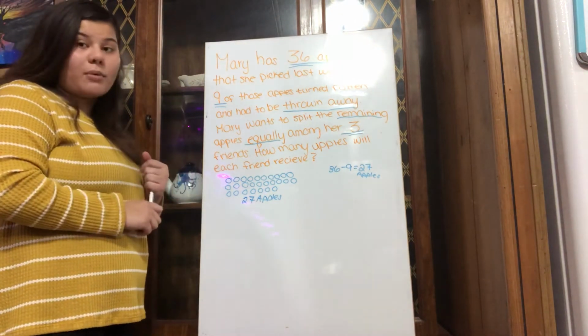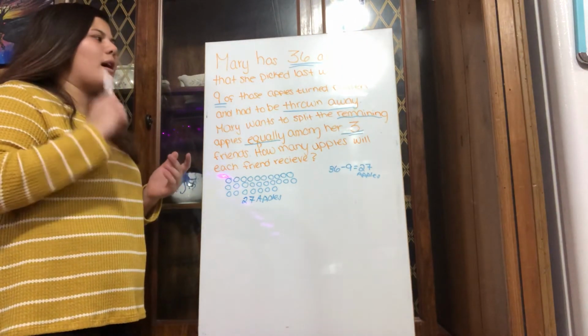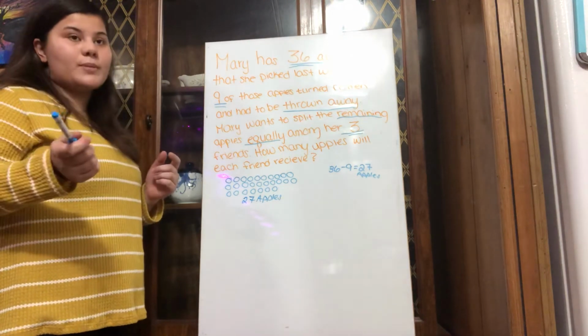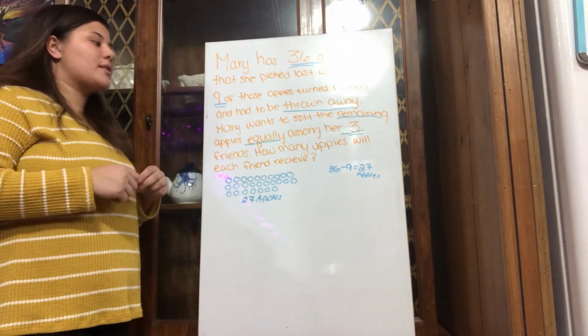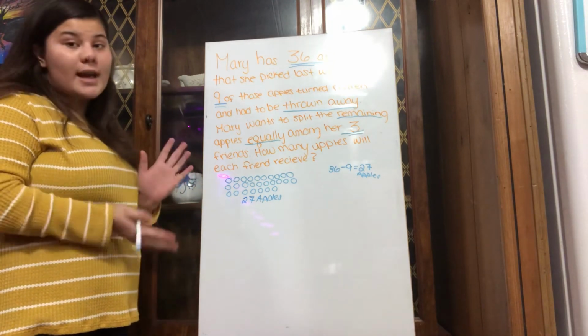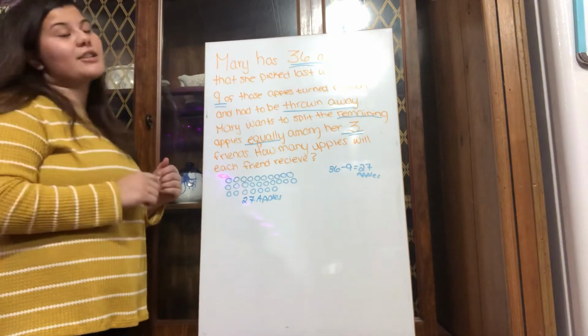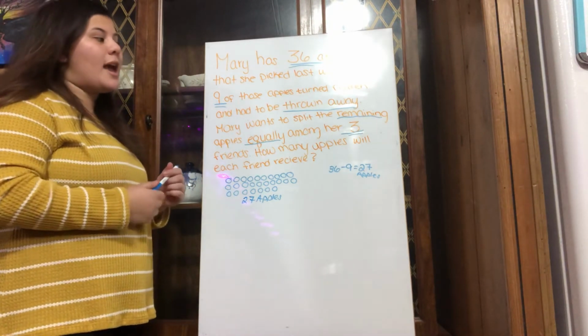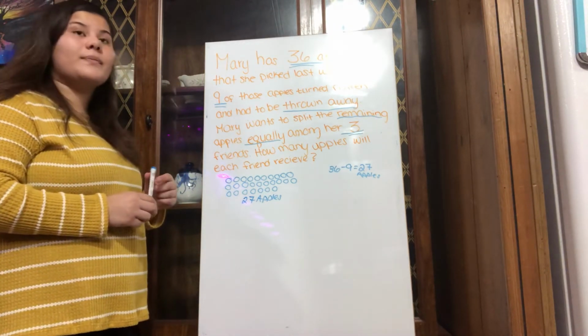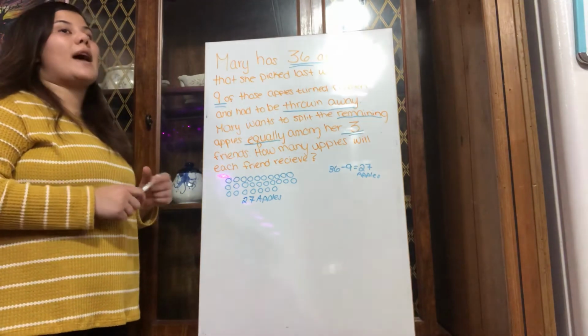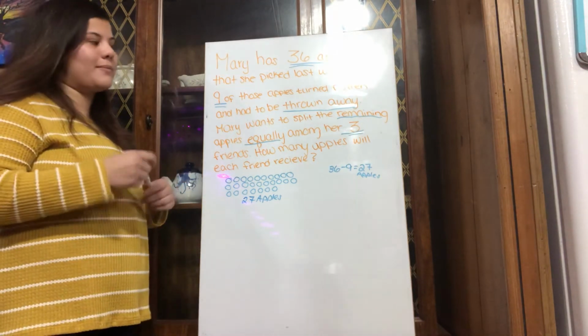Okay, so this isn't the end of the problem. We know that we have a next step after this. So in your table groups, I want you to discuss what you think the next step is. And I really hope you were listening because Andrew actually touched on it earlier. And after you've decided as a group what you think the next step is, I want you to go ahead and solve the problem.